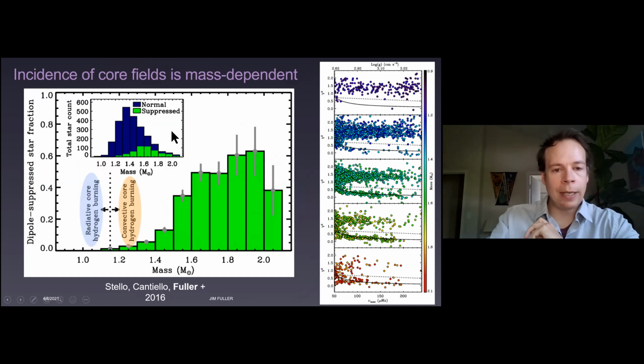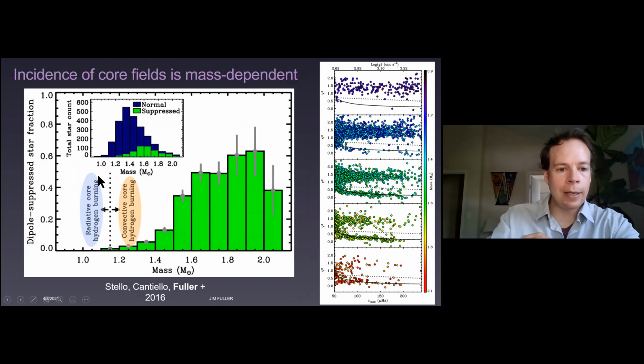And what's really interesting is if you look at this incidence of strong magnetic fields as a function of stellar mass, you see a very interesting trend. What I'm plotting here is the fraction of stars that show this dipole mode suppression, in other words, the fraction of stars that we think have strong magnetic fields in their cores, as a function of stellar mass.